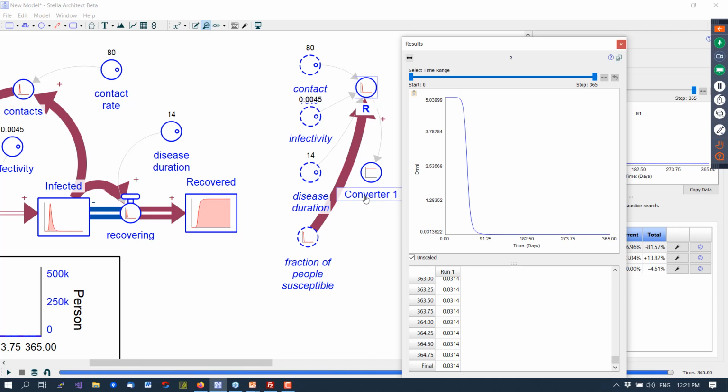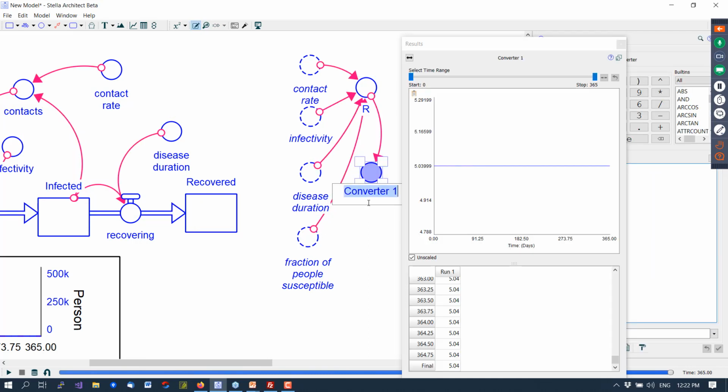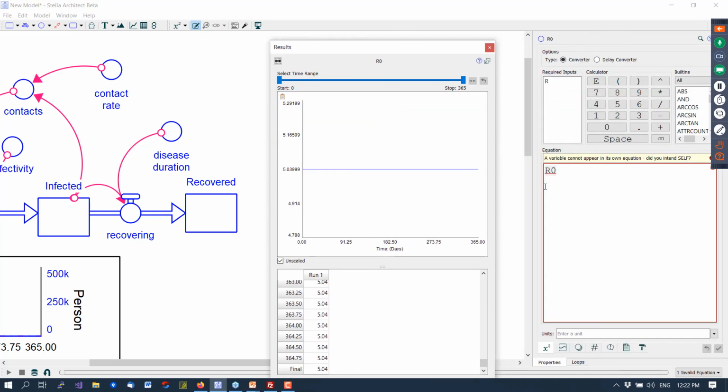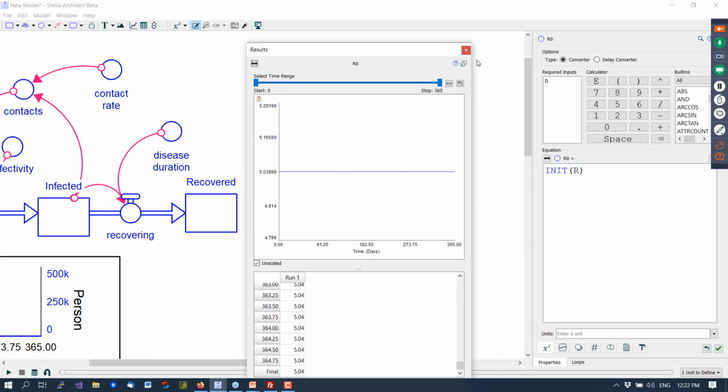But if we look at R naught, which I forgot to name, I too have trouble sometimes making the right mouse clicks on things.